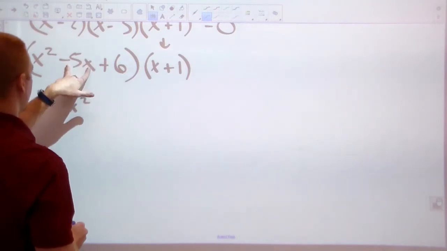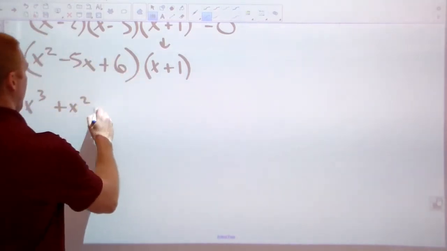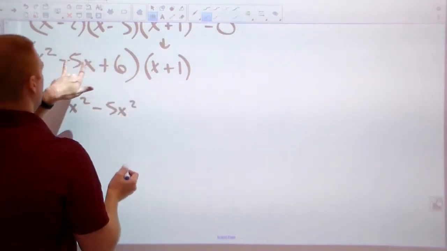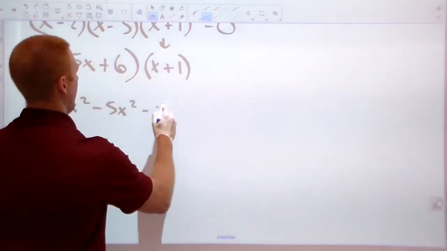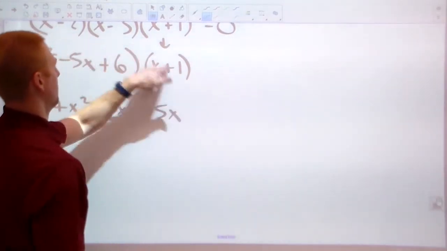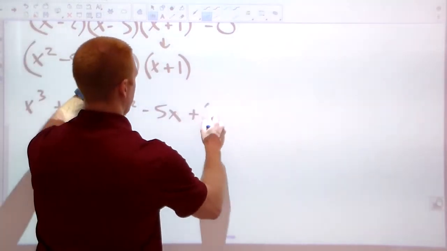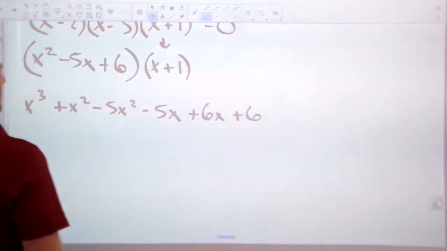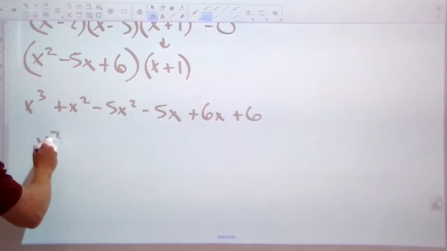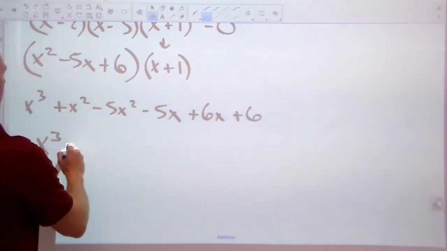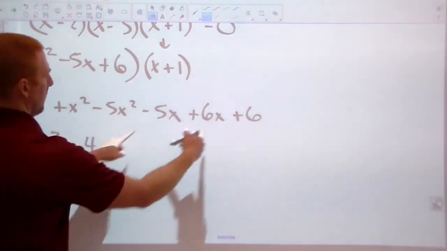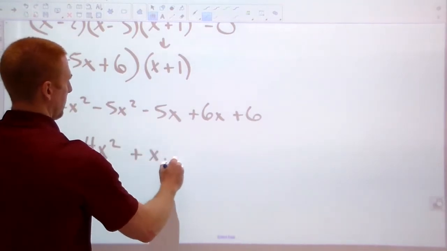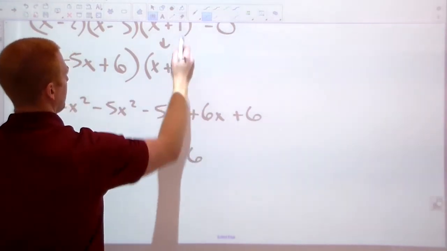All right, negative 5x times x is negative 5x squared. Negative 5x times 1 is minus 5x. And then take 6 and distribute. So plus 6 times x plus 6 times 1. And now let's combine what we can. X cubed minus 4x squared plus x plus 6. And that is our function.